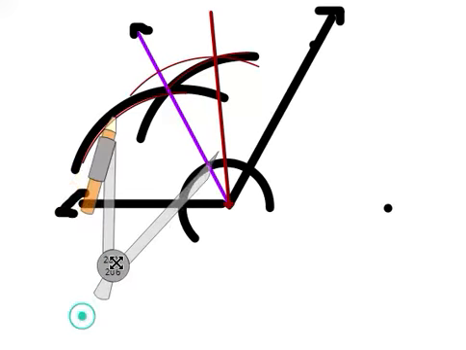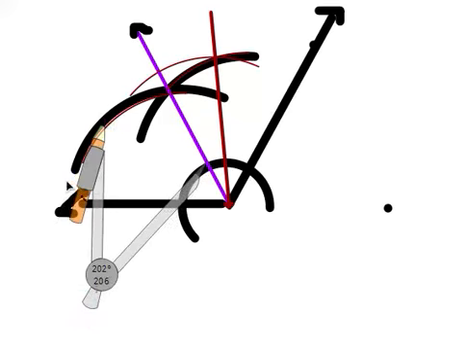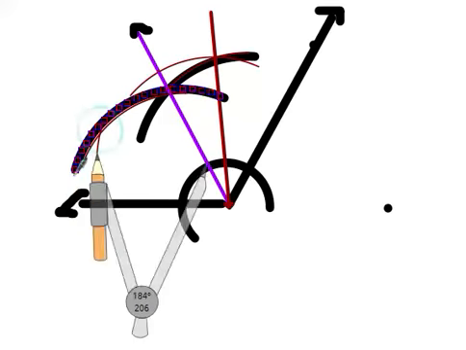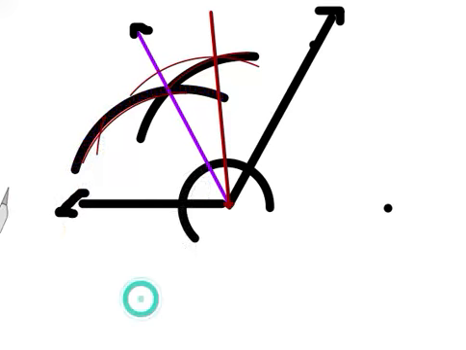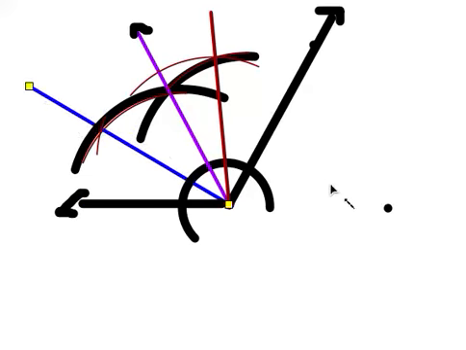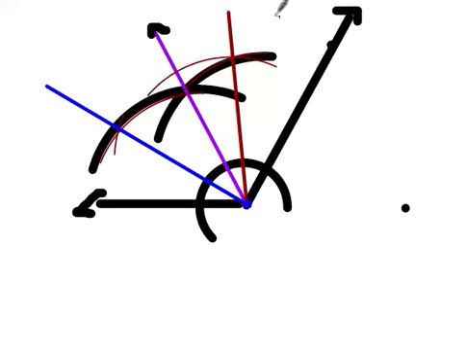We must move to the next point and draw the arc here. They intersect at a point here. Through this point we must draw the ray passing through the vertex and the intersection point of the two arcs. Okay, you can use your protractor and compass to draw this example in your notebook.